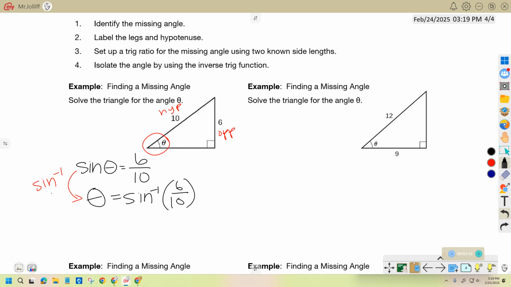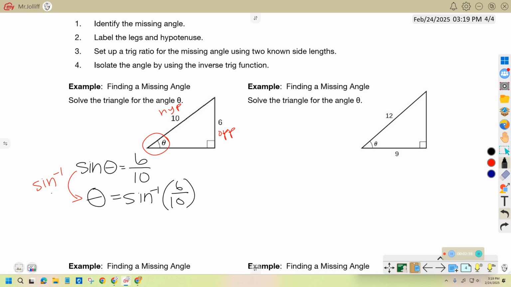And at this stage, unless it is a number that is on the unit circle, we're going to grab our calculator and get a decimal answer. Today, we want to find our angles in degrees, because in right triangles, our brain tends to process degree measures better than it does radians. So make sure your calculator is set in degree mode.